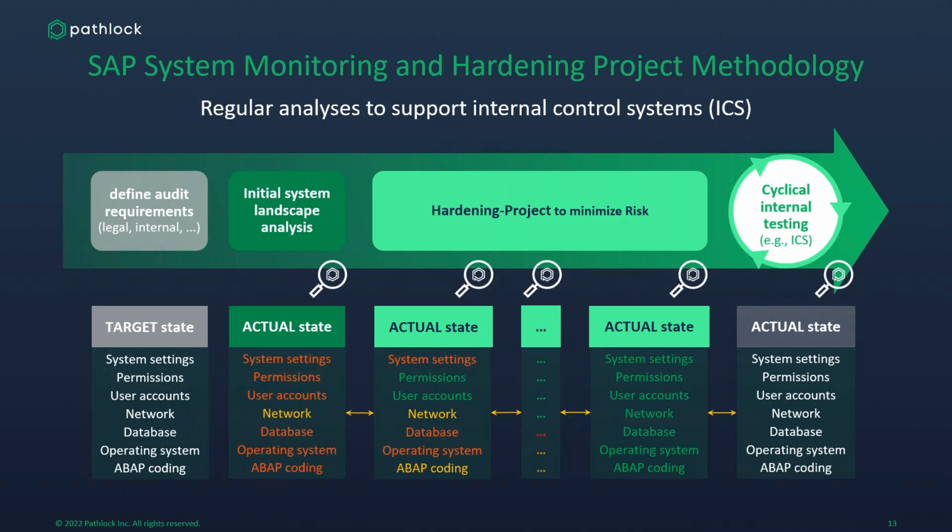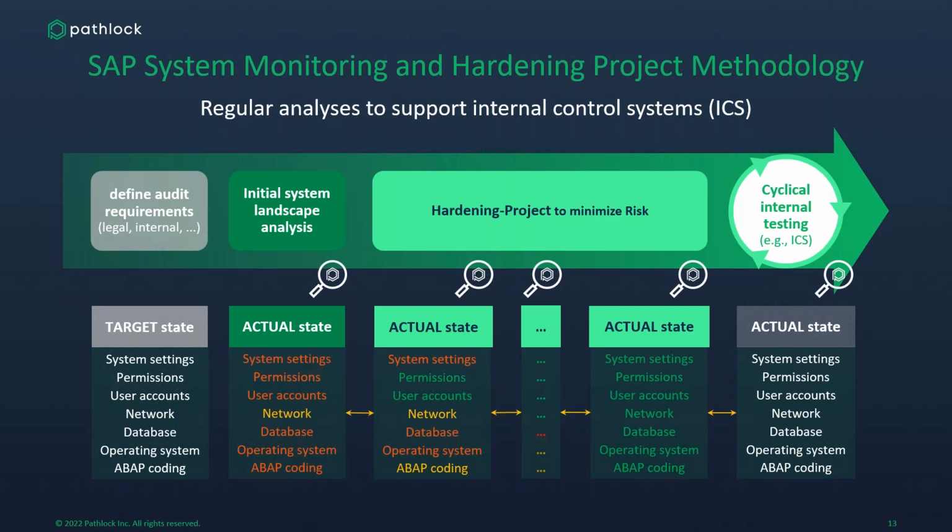So for pharmaceutical, for banking, for insurance, you might have additional security and configuration requirements or logging requirements. Once this is defined, you can start an initial system landscape analysis with the tool. And from that analysis, you can start your hardening project.